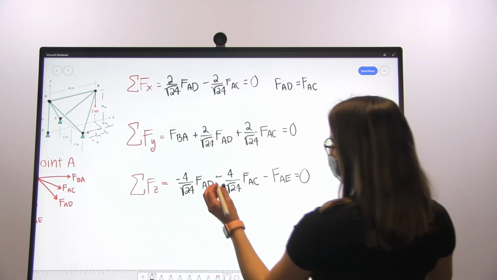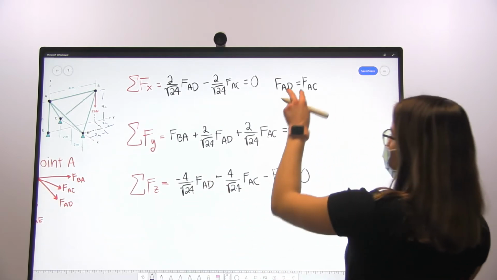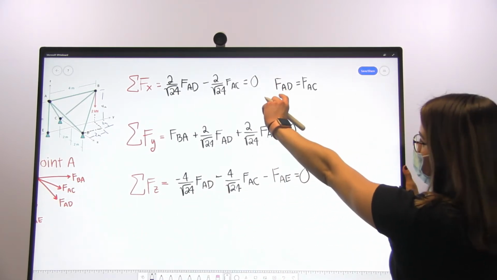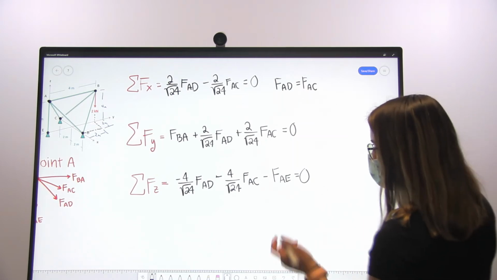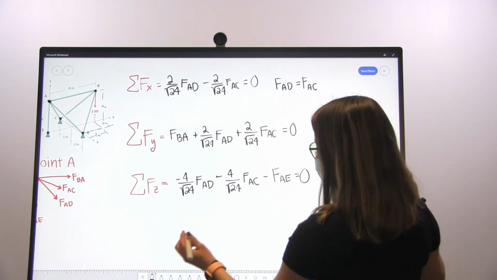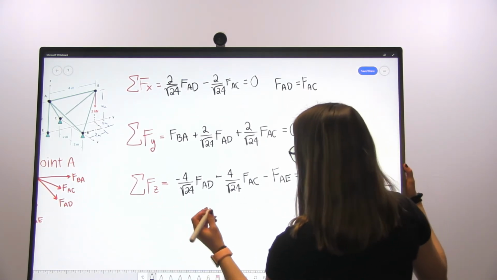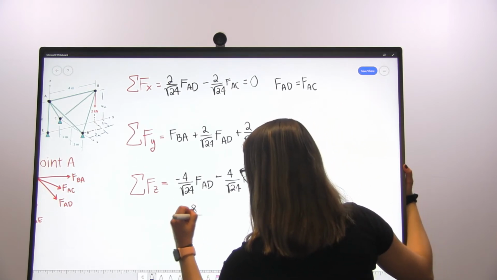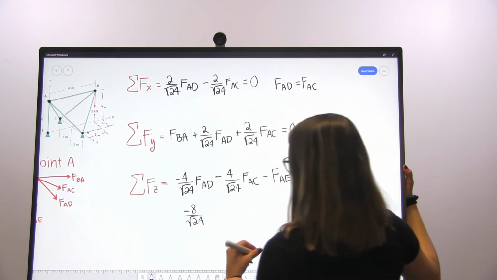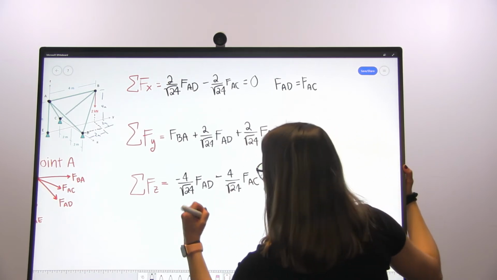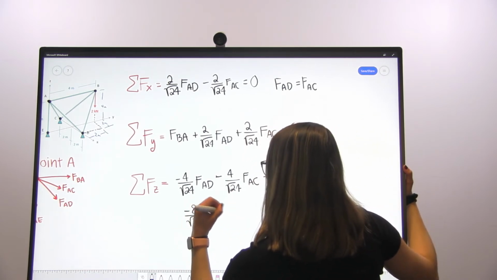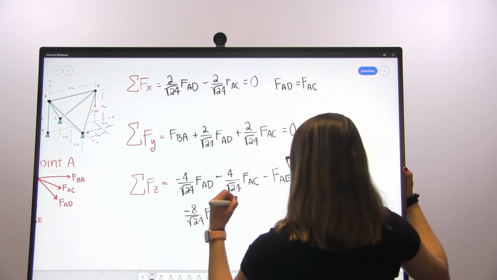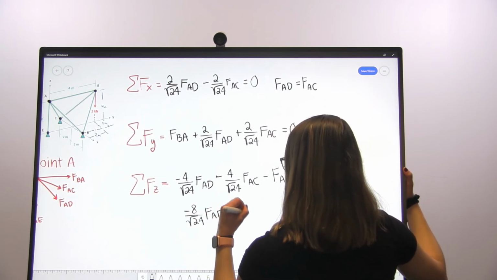Similar to point B, we're going to make use of the fact that force AD and force AC are equivalent, and we can simplify our last equation a little bit more. This is equal to minus 8 over square root of 24 using just force AD, and this is equal to force AE.